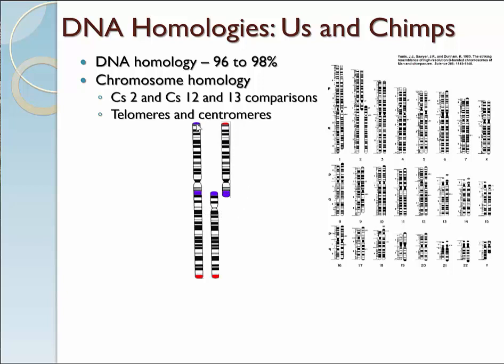And then on either end of a chromosome, in the colors, there's purple and red, there are nucleotide caps called telomeres. And basically what telomeres do is protect the chromosome from unraveling, so to speak. Not exactly, but just go with it.